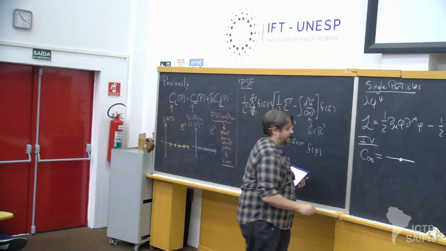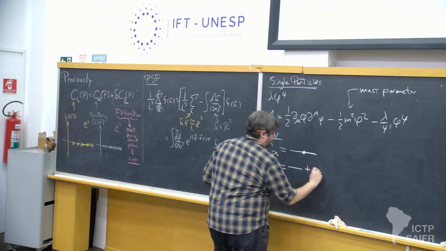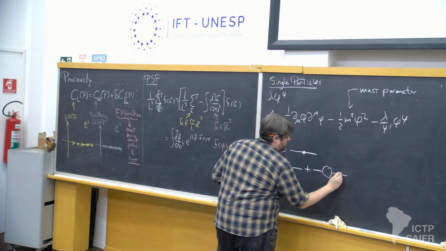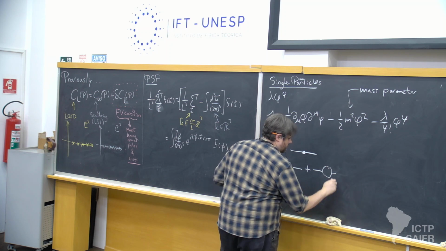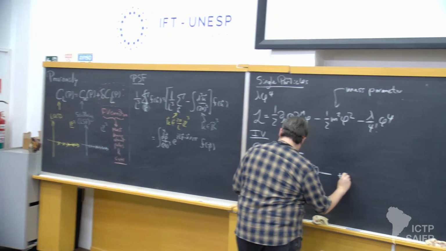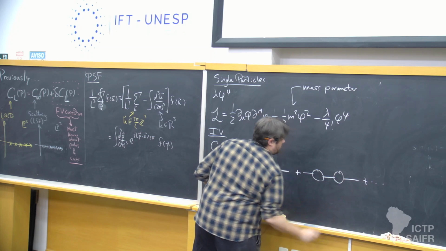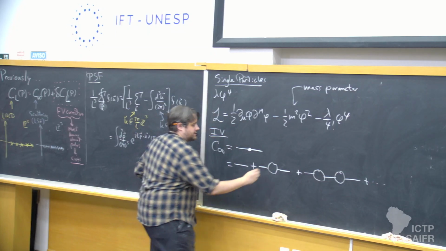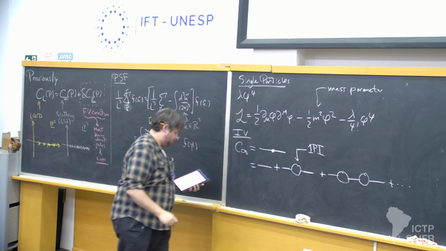And the Dyson expansion in terms of one particle irreducible objects. This quantity here is 1 pi, and I'll give an example of that in a moment.